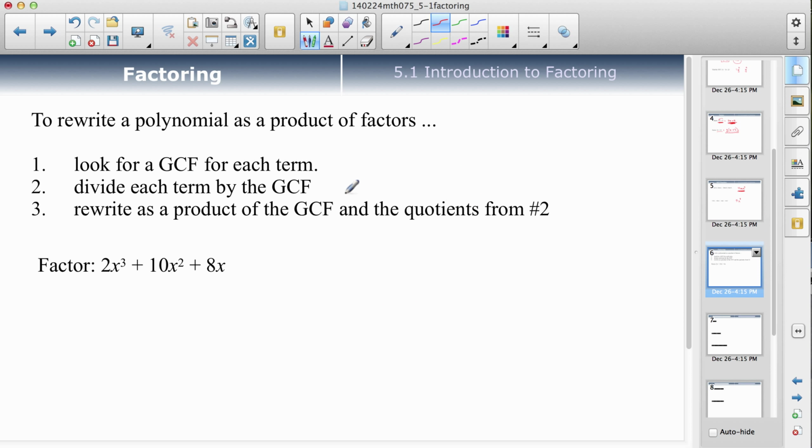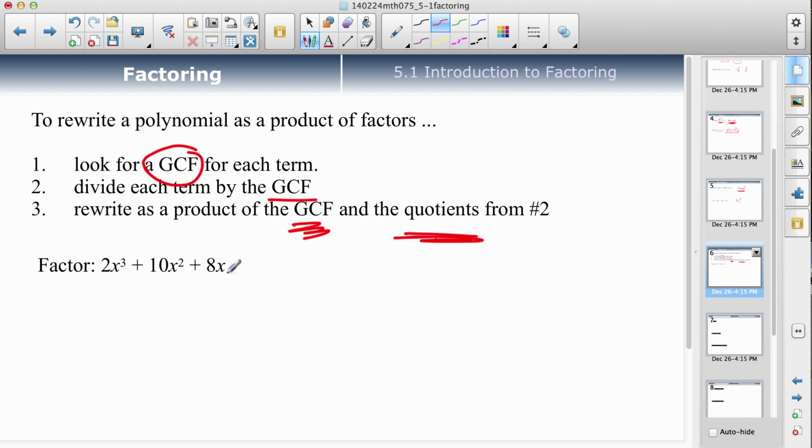So when we are rewriting polynomials as a product of factors, I want to look for the greatest common factor in each term, and then divide every term by that greatest common factor, and then you rewrite the polynomial as a product of whatever your greatest common factor is and whatever you get when you divide that into each of the terms.